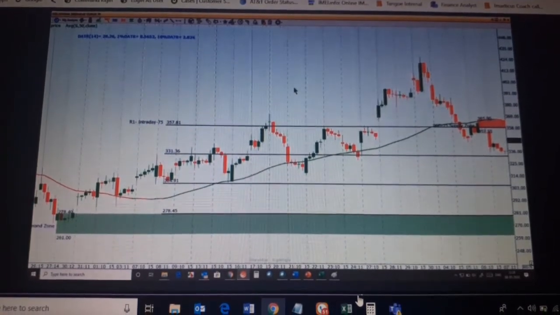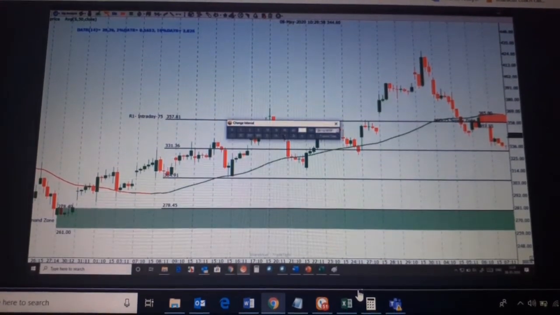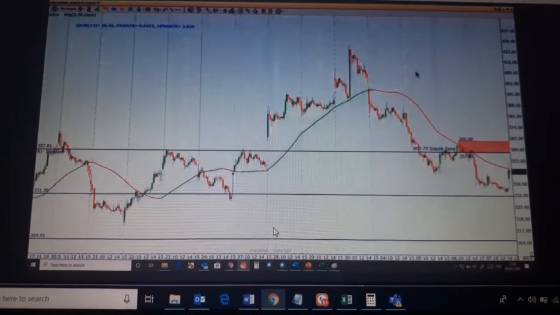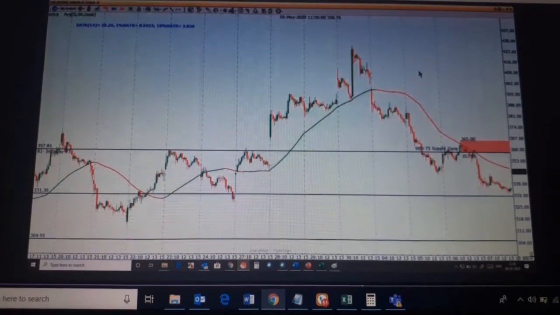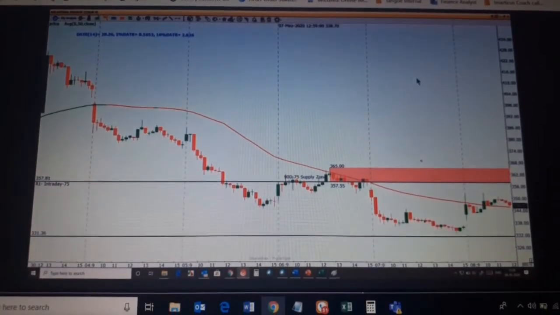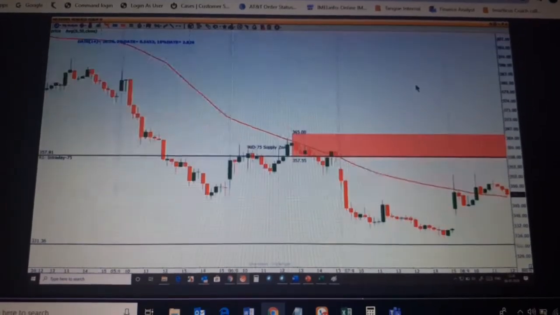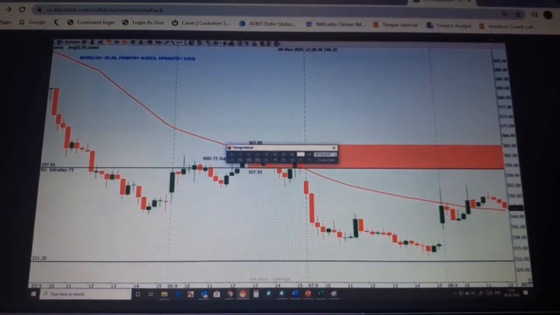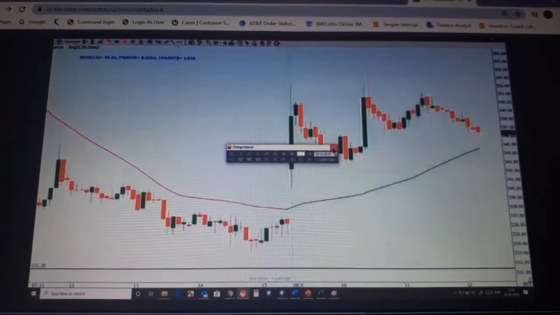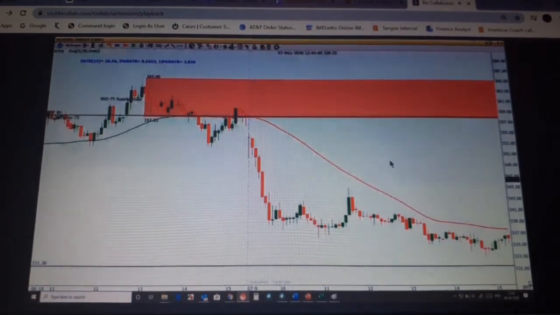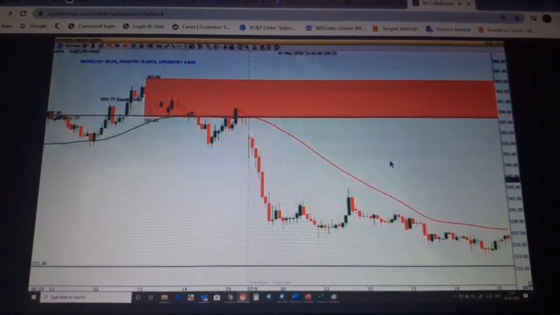Now I'll go to a 15-minute chart to check the trend. So what was the trend? Down on the 15-minute chart. Now I'll go to a 5-minute chart and mark one supply and one demand.